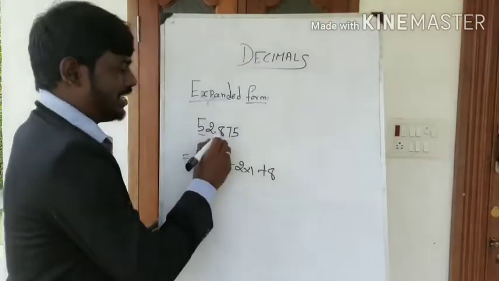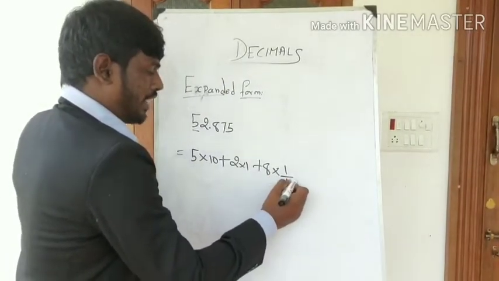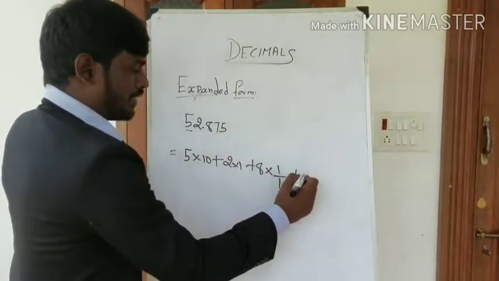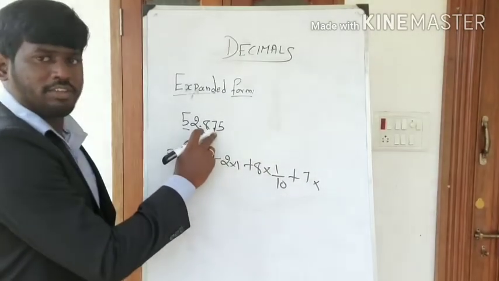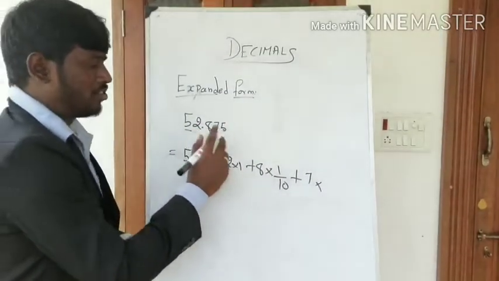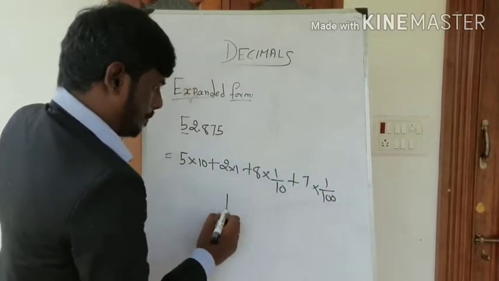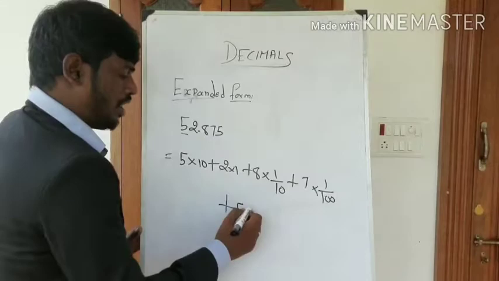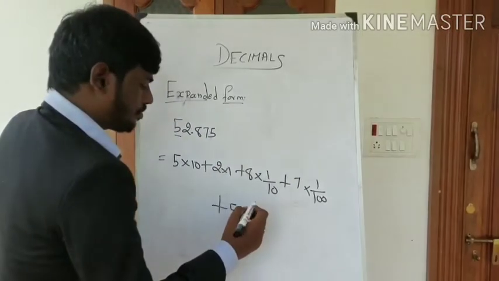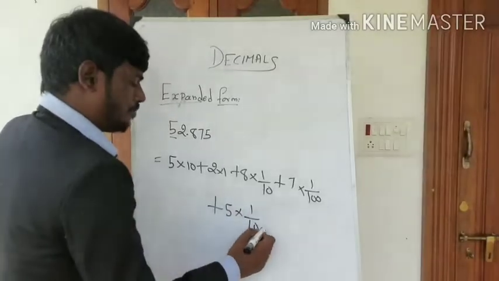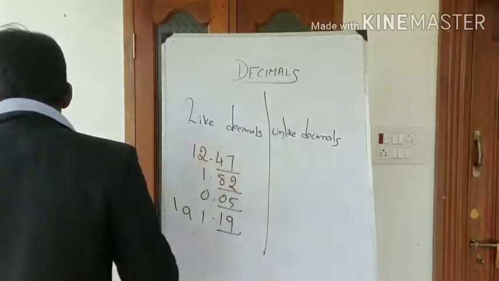The place value of the first decimal place is 1 by 10, so 8 into 1 by 10, plus 7 into 1 by 100, the place value after the second decimal place, plus 5 into 1 by 1000, the place value of the third decimal place. This is the expanded form of the decimal number.